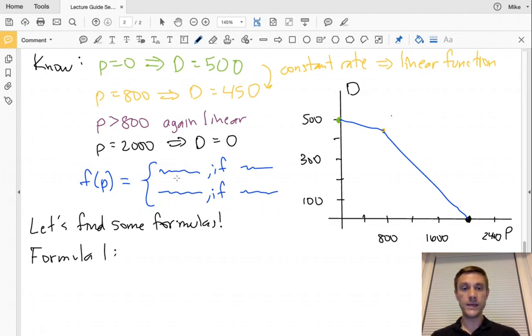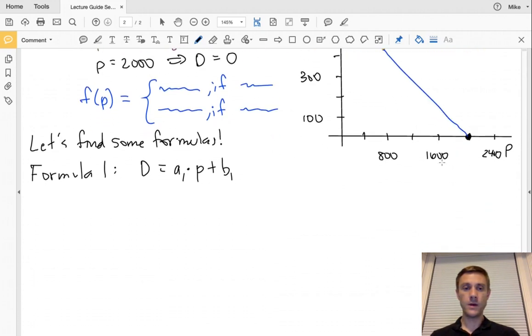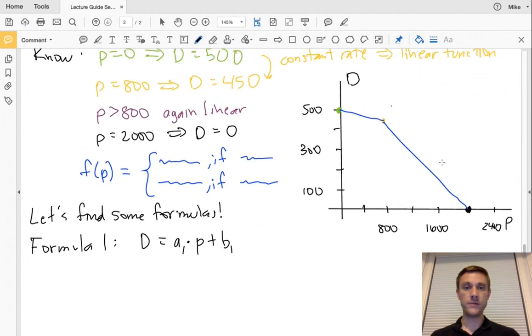So we will take this first set of stuff. So I'm going to use D, and then kind of like our previous example, I'm going to use little subscripts for these constants, A1 and B1, just because I know we're going to have a second formula for this other component, and I don't want them to get mixed up. Okay, so with that, let's keep that information available.